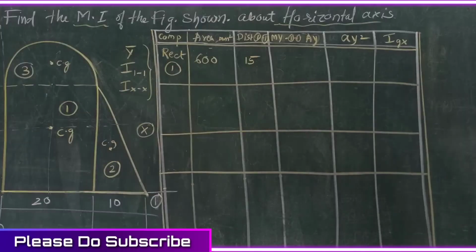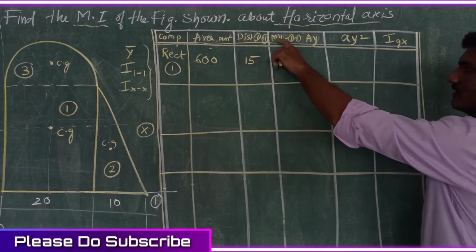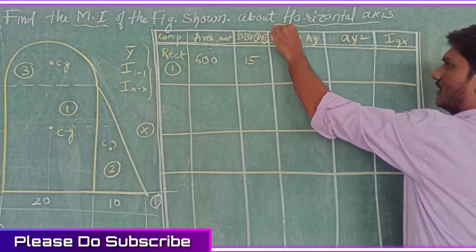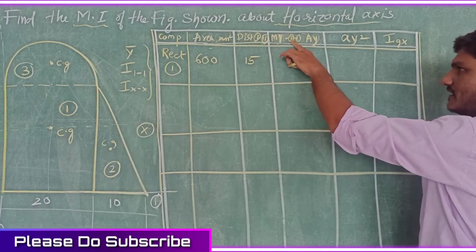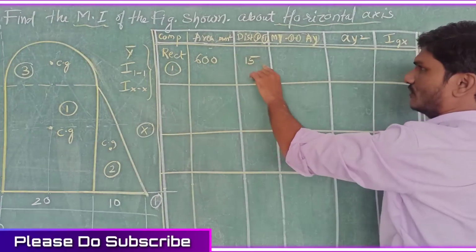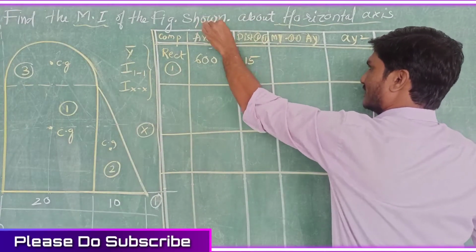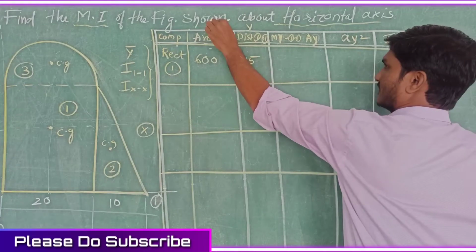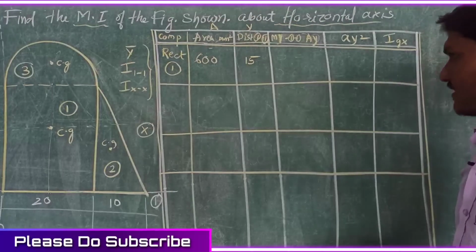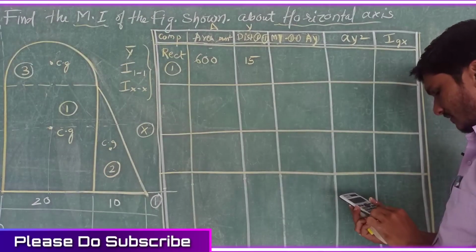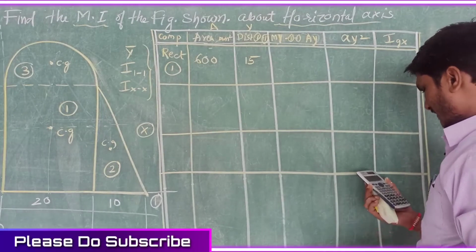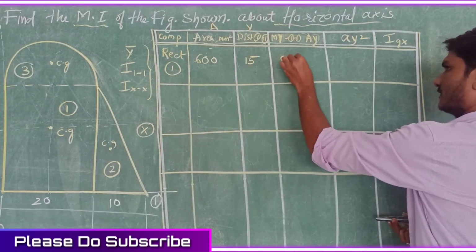So it is 15 millimeter. Now the next column represents A into y. This is the area and this is the y distance. So 15 into 600, 9000 you will obtain.